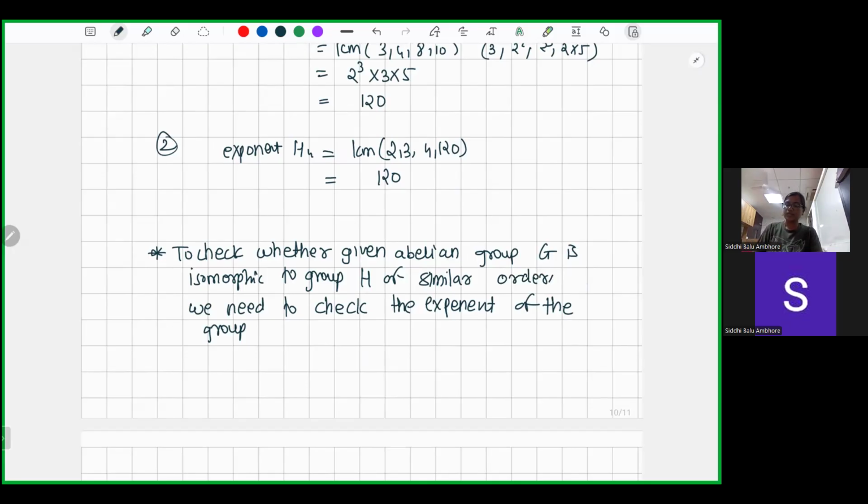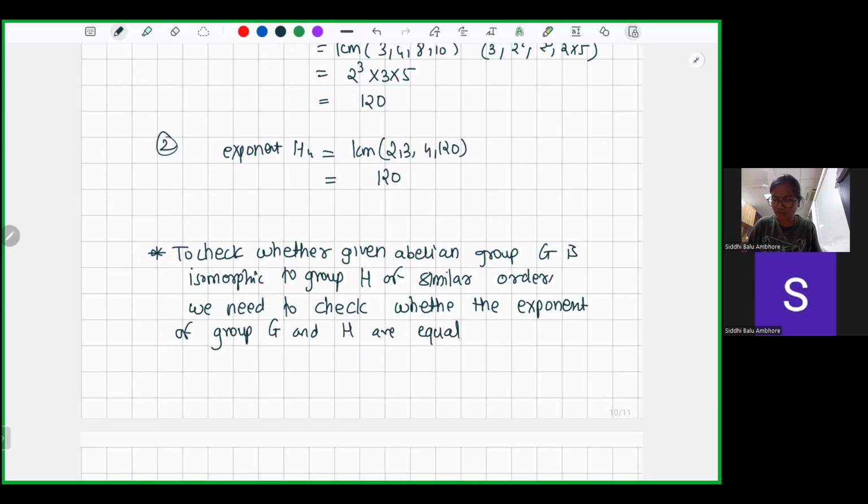Then we need to check the exponent of group G, whether the exponents of groups G and H are equal or not.